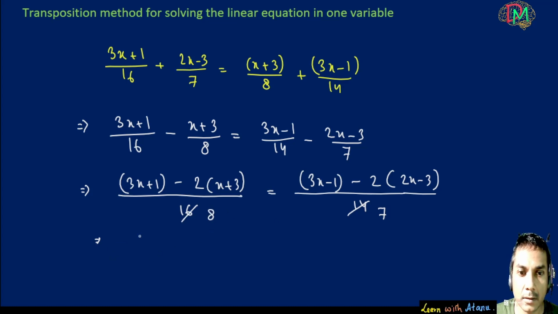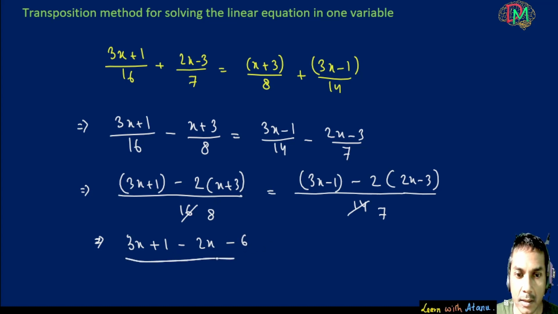Okay, so the numerator implies that 3x plus 1 minus 2x, and when we remove the bracket, we apply the distributive law, it will be minus 6 here, and here it will be 8, and the right hand side 3x minus 1 minus 4x plus 6 divided by 7. Clear?